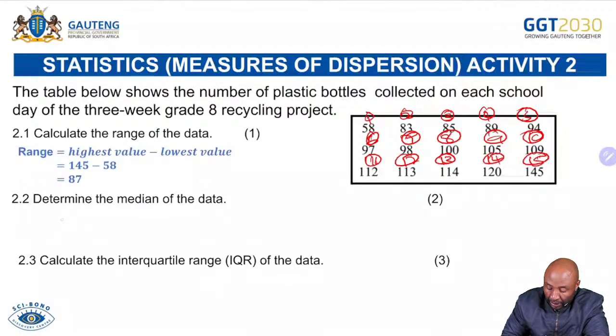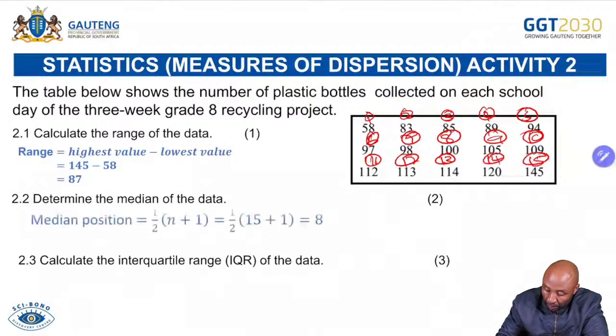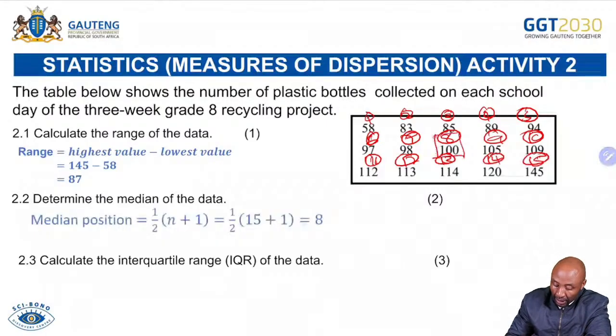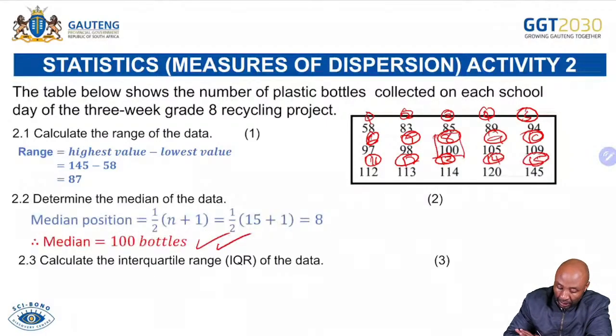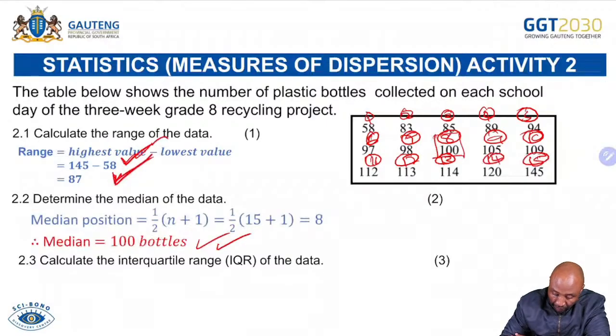So to determine the median position, we say half of 15 plus 1, half of 16. We take position 8, and in position 8, our data item is 100. So we get that as 100 bottles. We get our 2 marks. Oh, this was 1 mark, so we just get our 1 mark as 87.